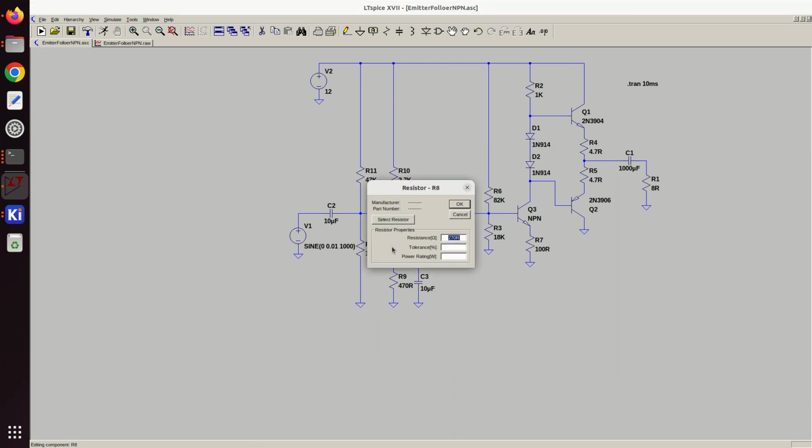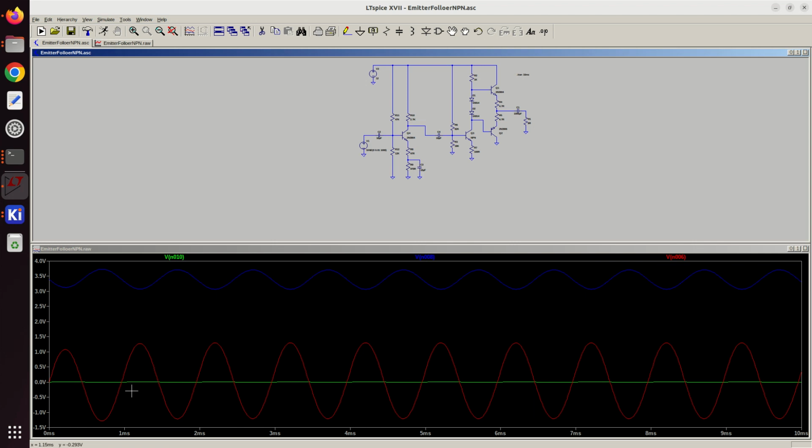So if I change this to, let's say, 47 ohms. Simulate. Okay, so now we got approximately. Okay, it's not symmetrical, and I'm not sure why. Actually, there's the thing that happens in these, which if you don't bootstrap them, they can.